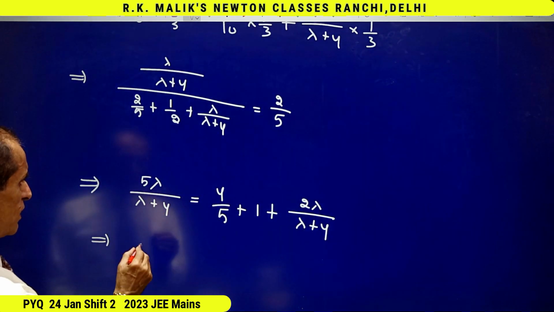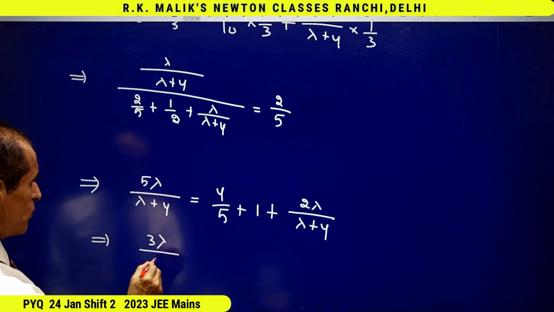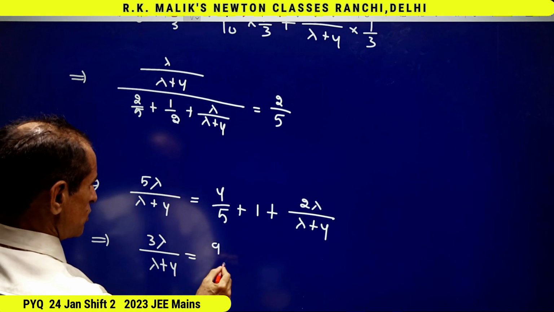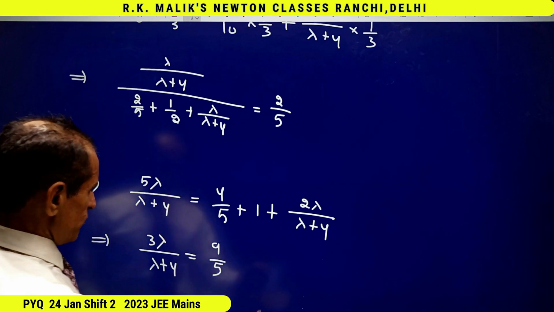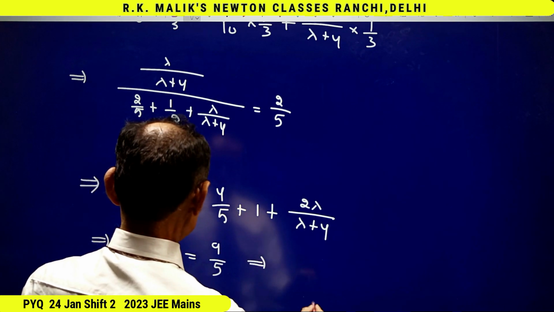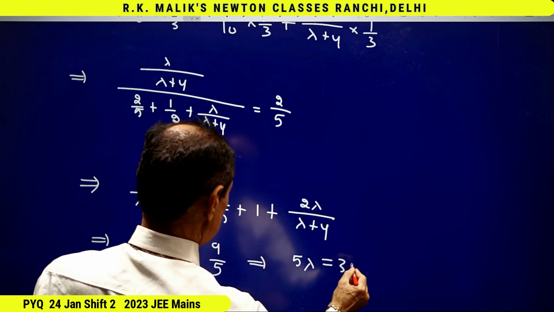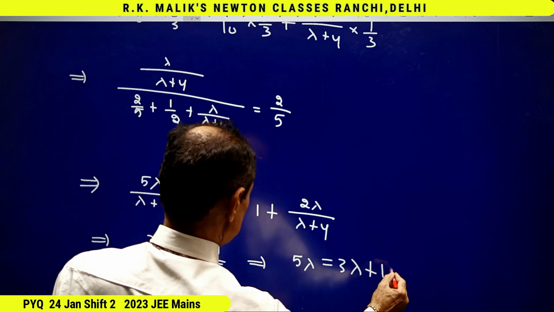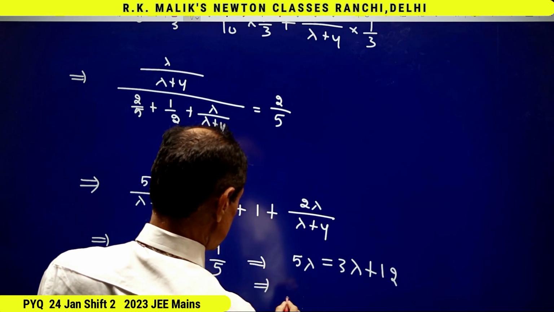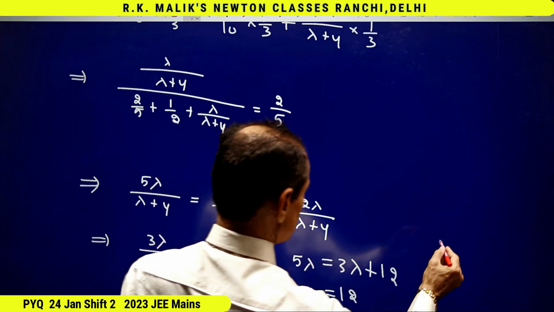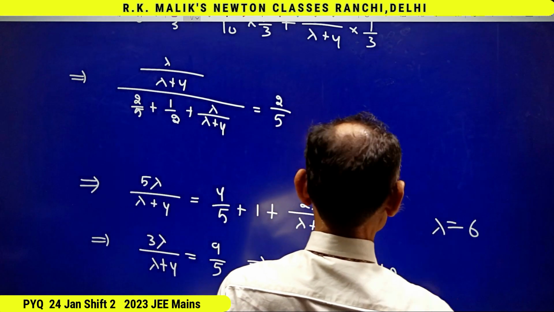That is, I get 3 lambda upon lambda plus 4 is equal to 9 by 5. That is, I get 5 lambda is equal to 3 lambda plus 12. That is, 2 lambda is equal to 12. That is lambda equal to 6.